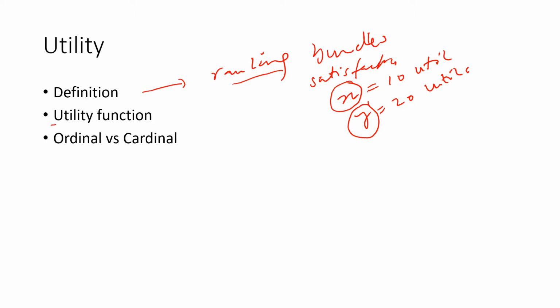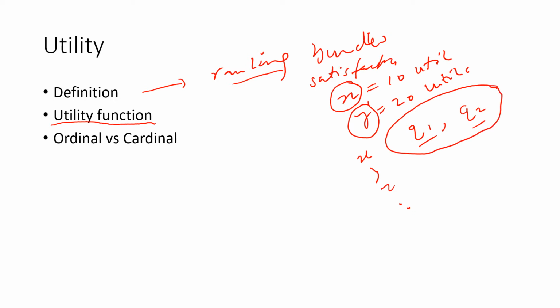A utility function, on the other hand, is a relationship between utility and every possible bundle of goods. So we have various possible bundles, with 2 goods in them. One we call Q1 and the other we call Q2. These 2 goods are being consumed, and we have a large set of bundles X, Y, Z, and so on. A utility function will cover all these bundles by changing either of Q1 or Q2.